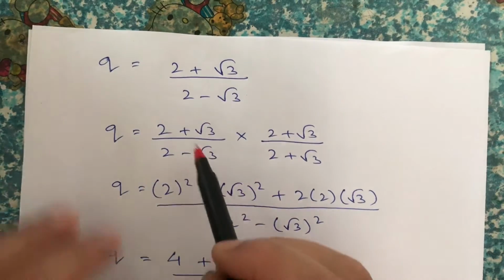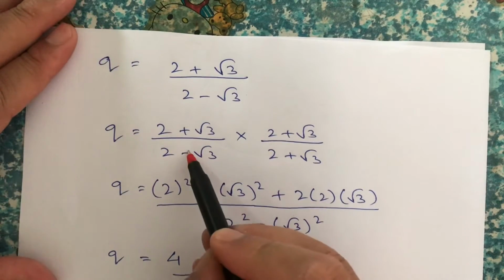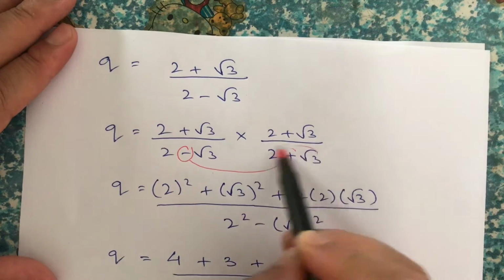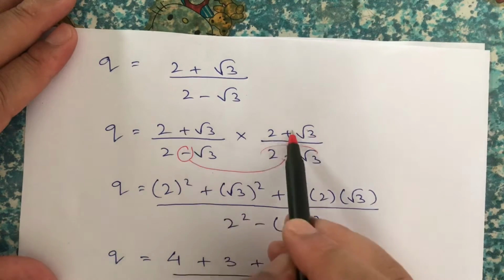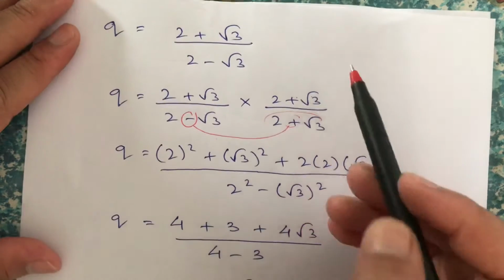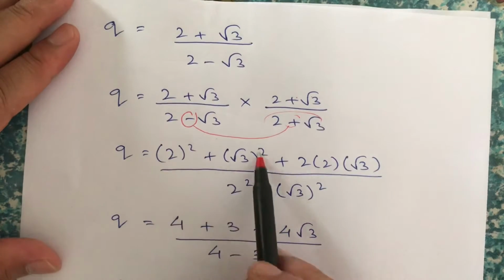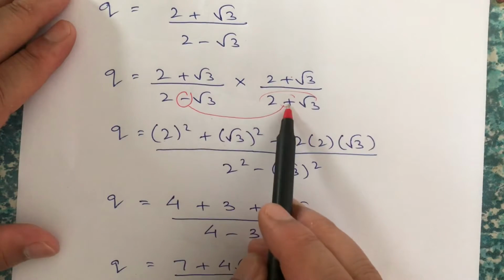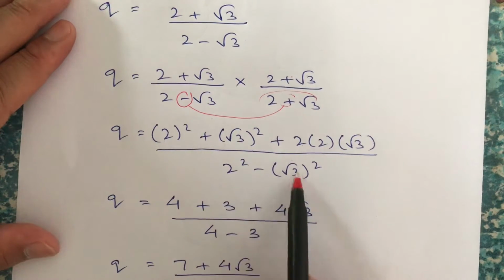So when we rationalize, just like the previous one, like P, we look at the denominator, this is a minus, we'll have to multiply it by the same values with a plus, and whatever we write over here, the same thing at the top. Now the top is a plus, so the first formula will be applicable. First formula is first square plus second square plus 2 into first into second, and down again we have different signs, so the third formula will be applicable.